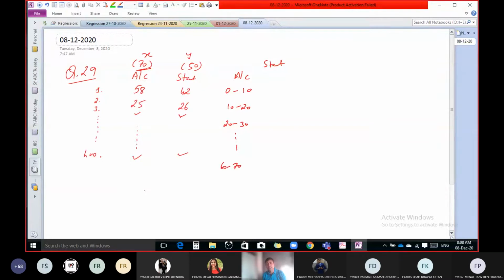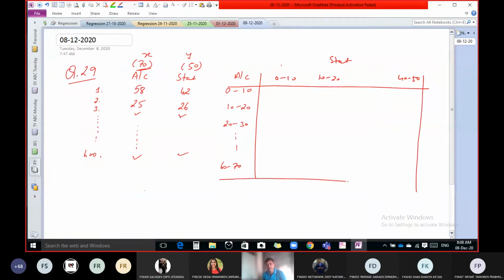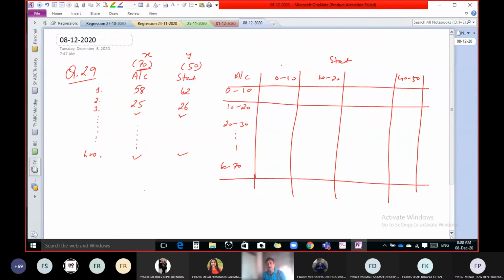And in statistics, minimum is 0 and maximum is 50, so you can write 0 to 10, 10 to 20, 20 to 30, up to 40 to 50. And you prepare one table like this. Now, how to prepare the table? Use the tally mark.